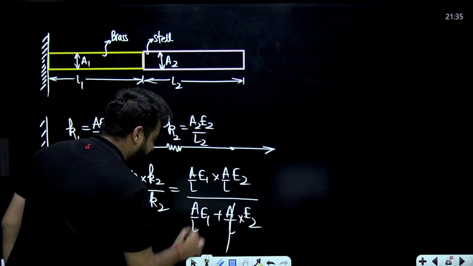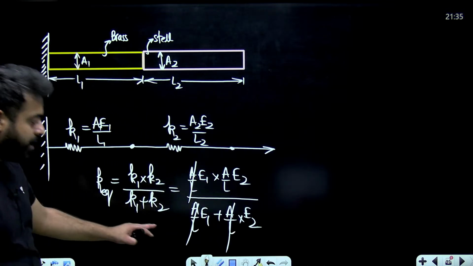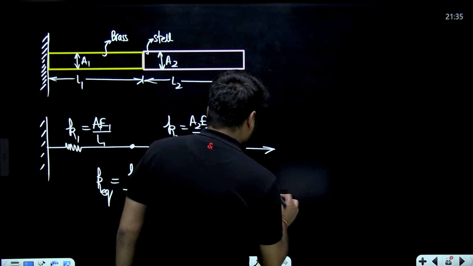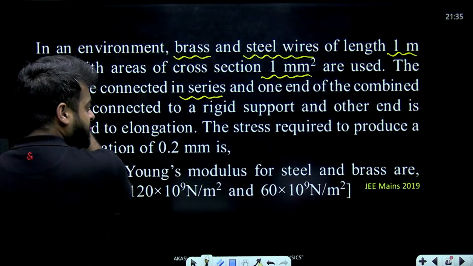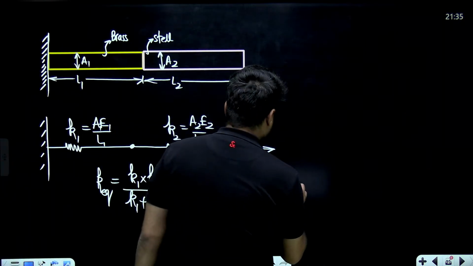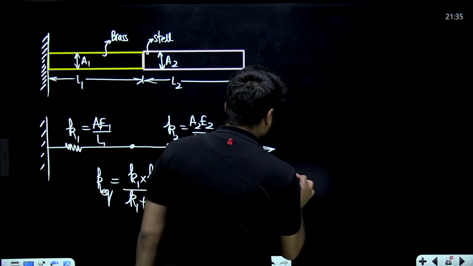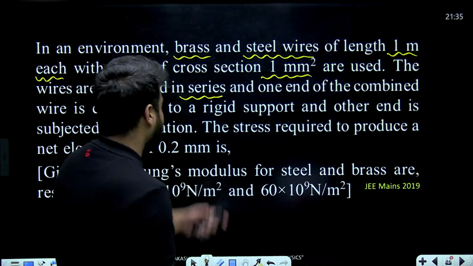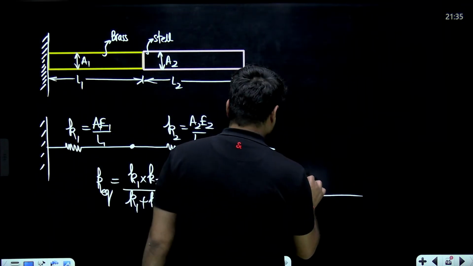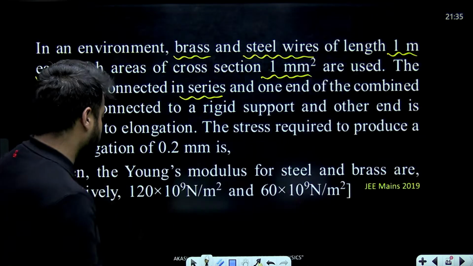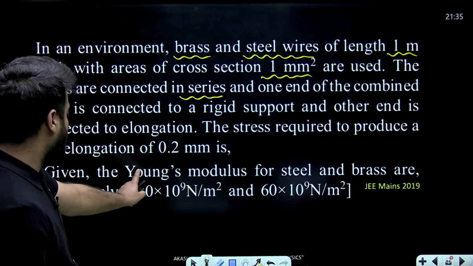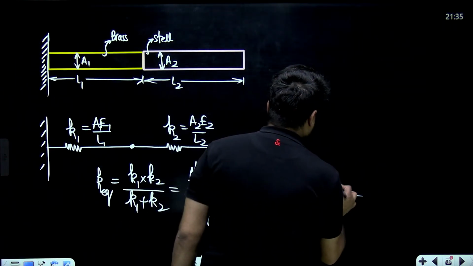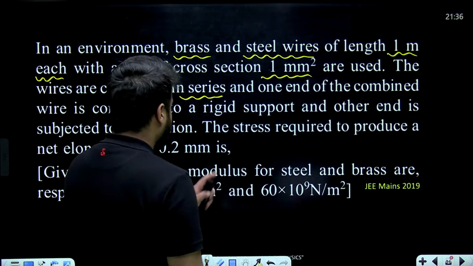Can I say A by L is gone completely because it is common? So A is how much? 1 mm square, so 10 power minus 6, divided by length, which is 1 meter. So I don't need to multiply E1 and E2 now. What are E1 and E2? Young's moduli are given as 120 and 60, both 10 power 9.